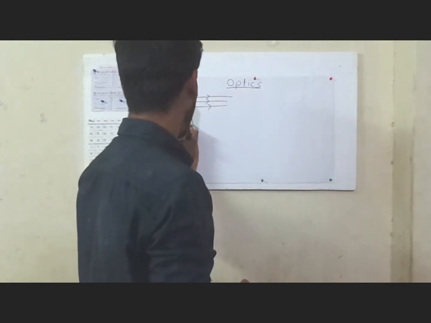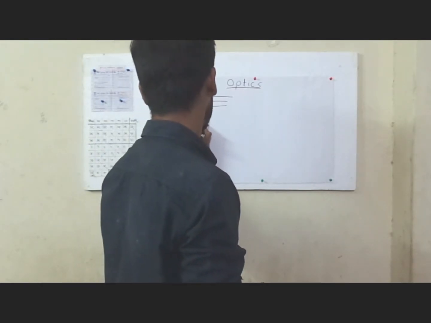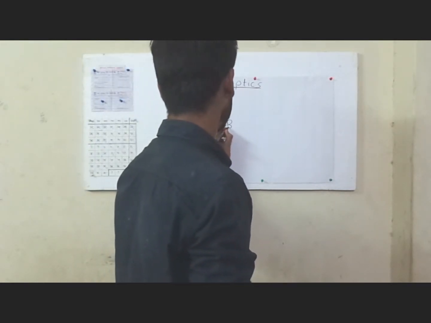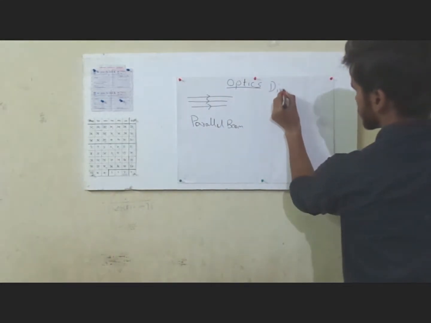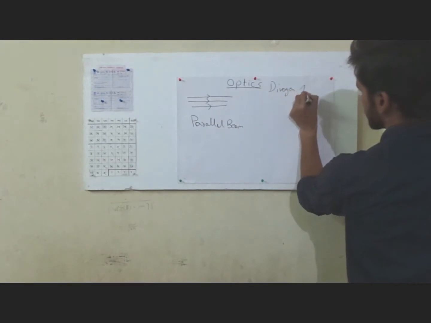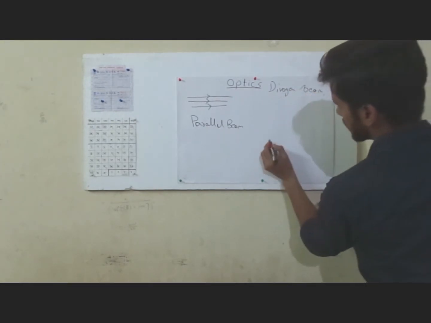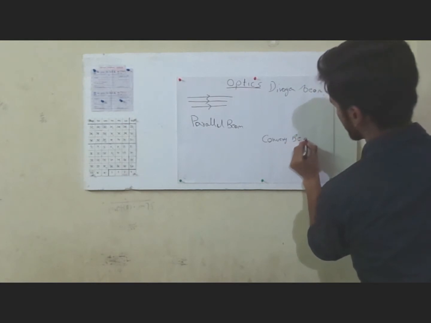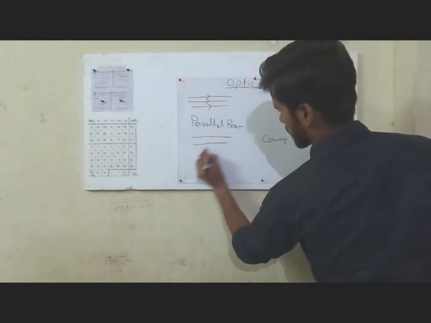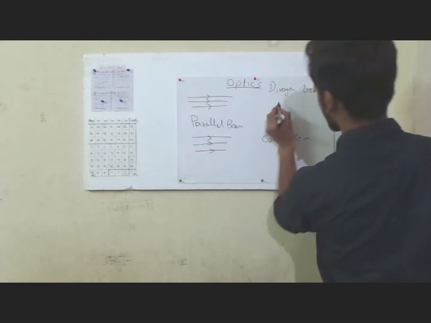So the first one is parallel beam. Second one is divergent beam, and third is convergent beam. So I will first draw and then explain to you all.